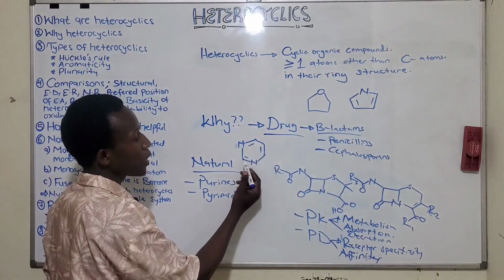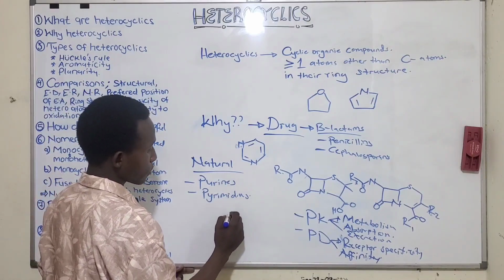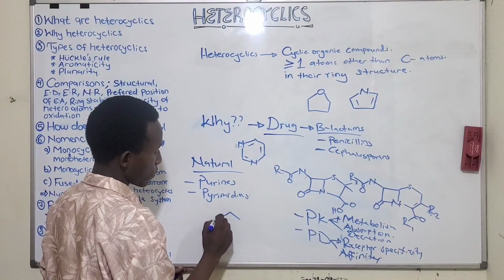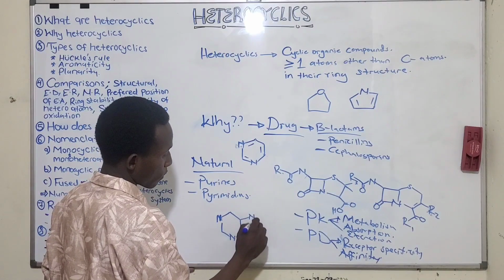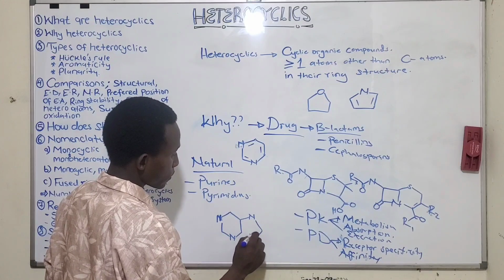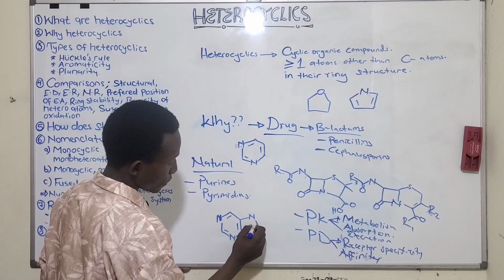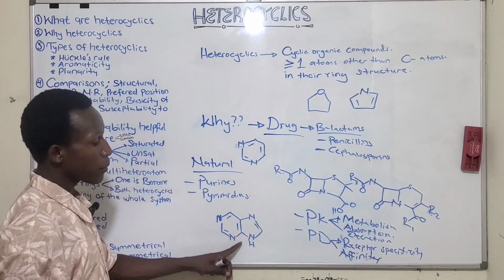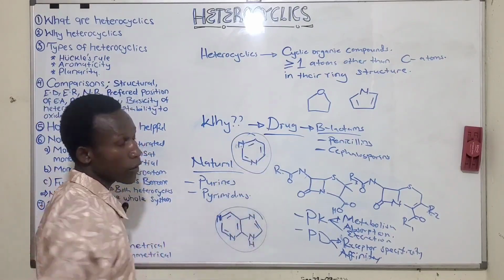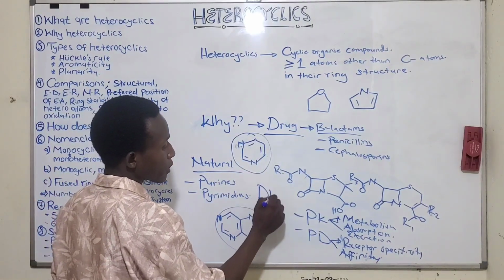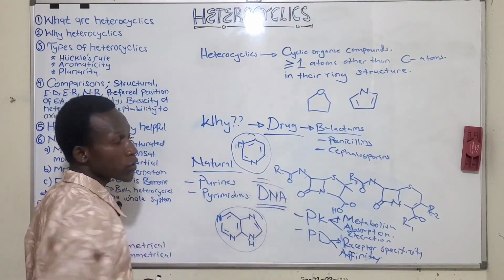It has carbon and nitrogens in its ring structure. When we talk about the purine, we have this: nitrogen, also nitrogen here, nitrogen, nitrogen. This is a pyrimidine, this is a purine. These are the basic structures for DNA and RNA. So we need to study heterocyclics.